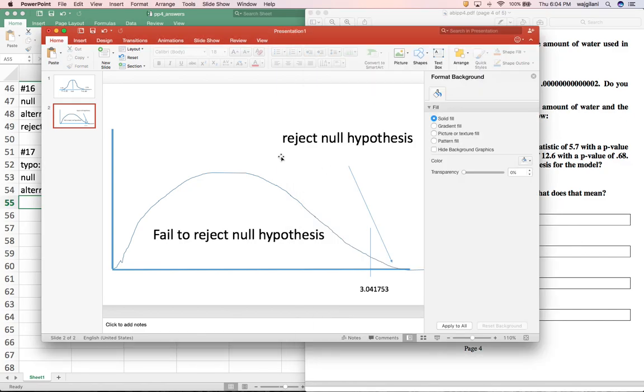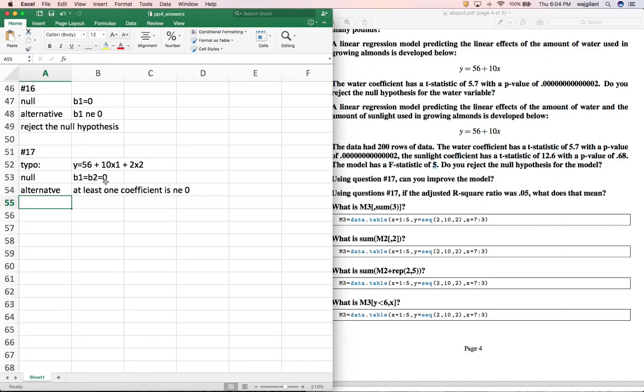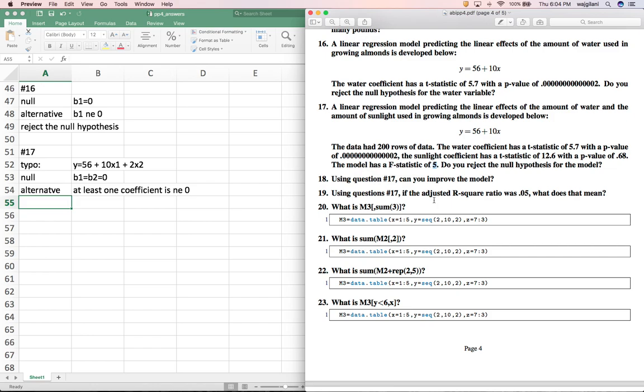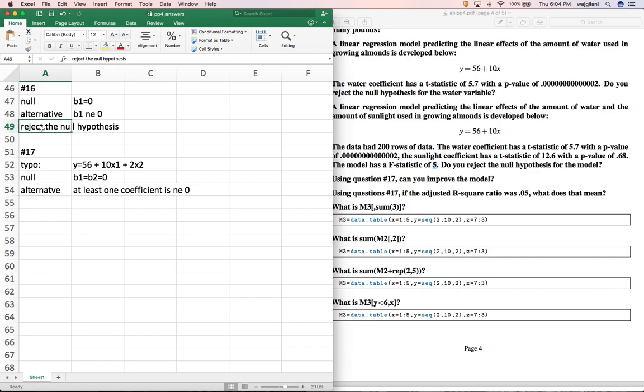It's 5. Where is that going to be placed? Over here. So therefore, I will reject the null hypothesis that all the coefficients of this model are 0, thereby having no linear relationship to the dependent variable. So we reject the null hypothesis. All right? So that's the answer for number 17.